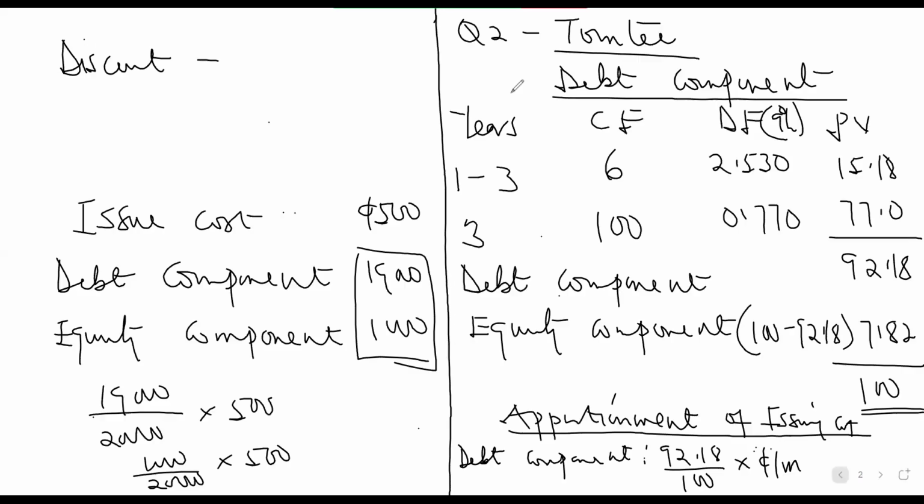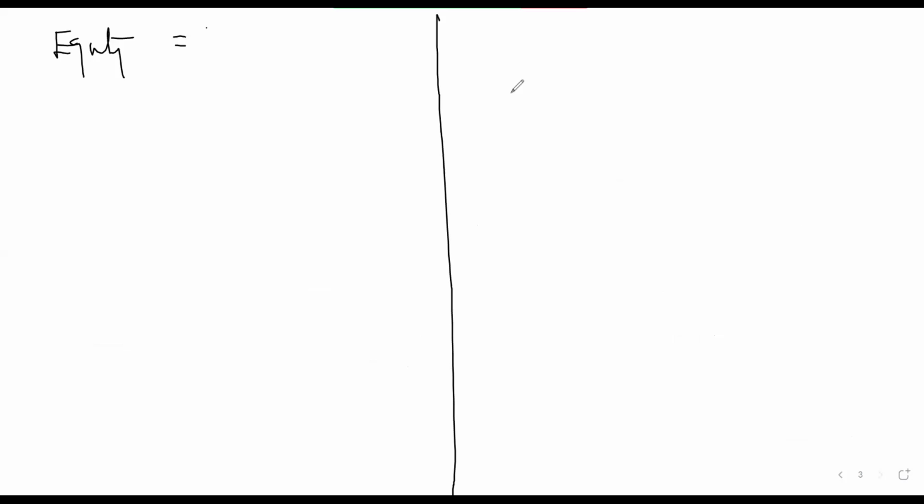That is for the debt. Let's come to the equity component. Equity will now have 7.82 divided by 100 multiplied by 1 million, which is the issuing cost. What are we getting? 921,800 for the debt. Let's do it in the million form.